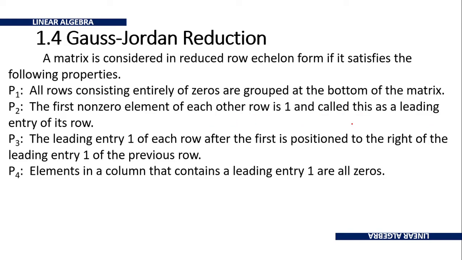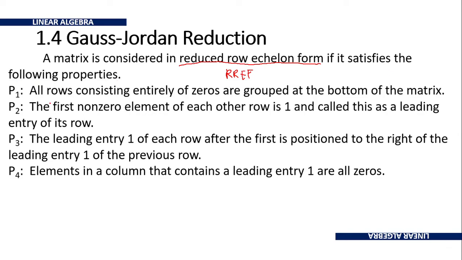Okay, so para mas maintindihan nyo pa kung paano gamitin itong Gauss-Jordan reduction, meron tayong mga properties dito na kailangan i-satisfy para masabi natin na naka-reduced row echelon form na siya. So, a matrix is considered in reduced row echelon form, okay, tatandaan itong reduced row echelon form or REF if it satisfies the following properties.